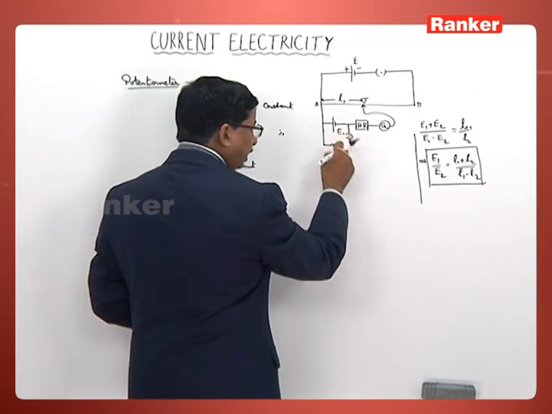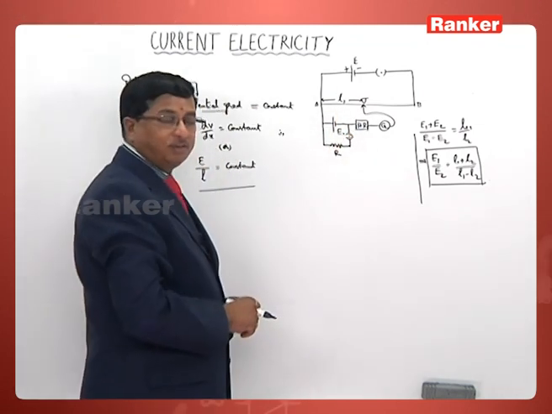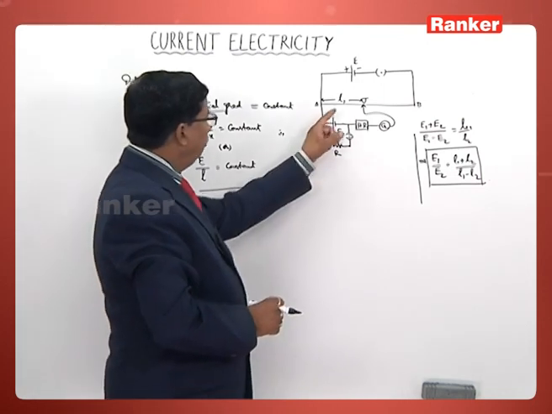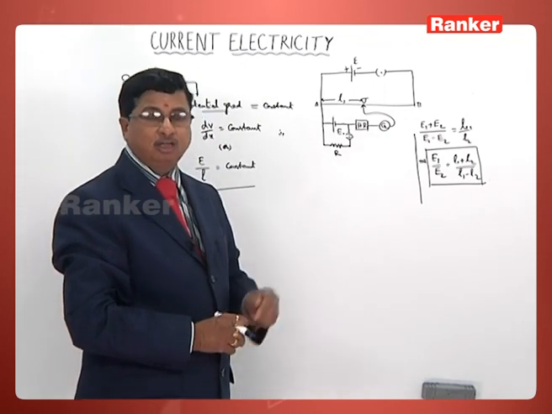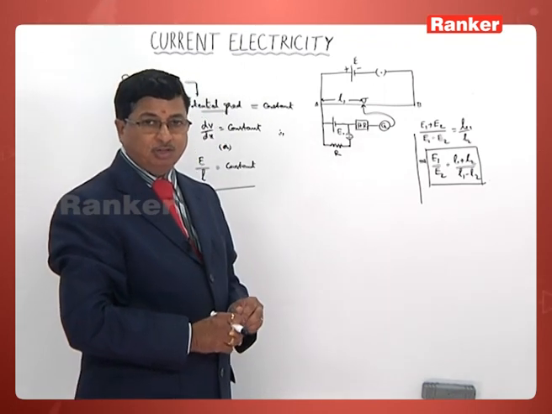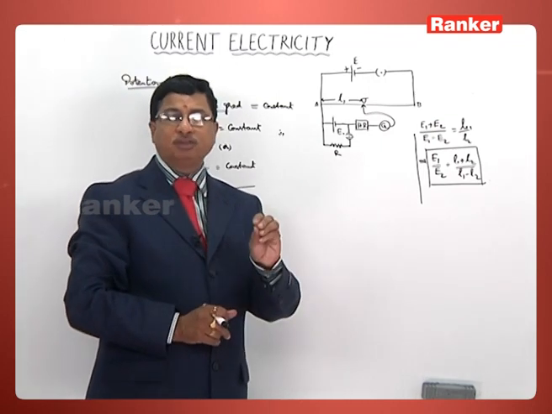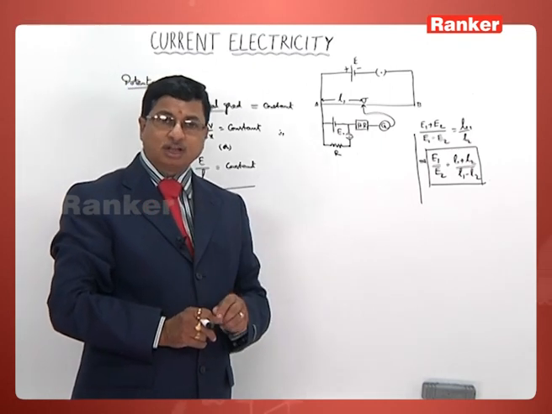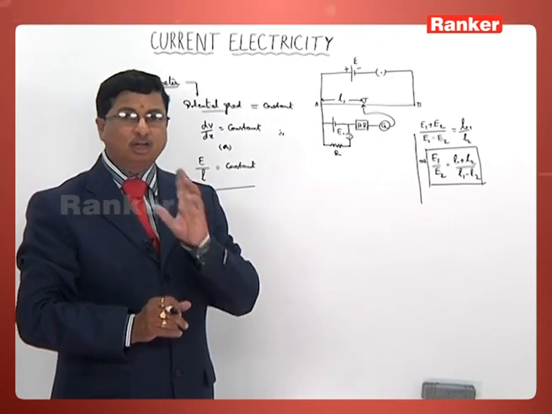Now put the key in, then the circuit will have external resistance also connected in the system. Thereby, whatever balancing length we are getting, you take it as L2. That means without external resistance, the balancing length is L1. With the external resistance also connected, the balancing length you take as L2.